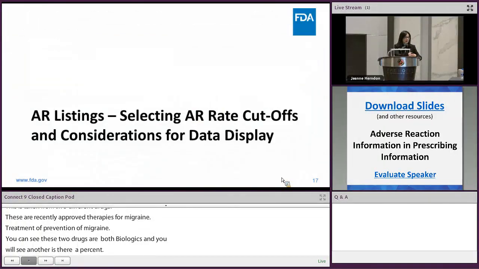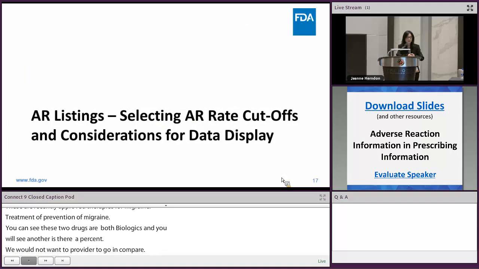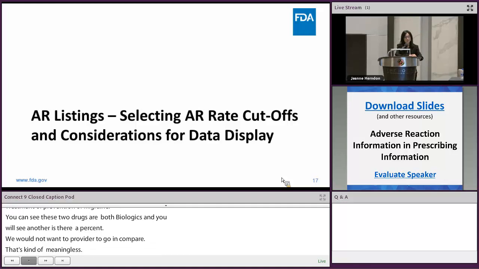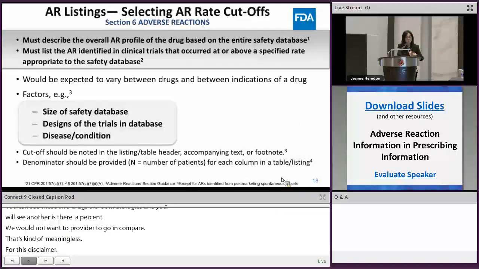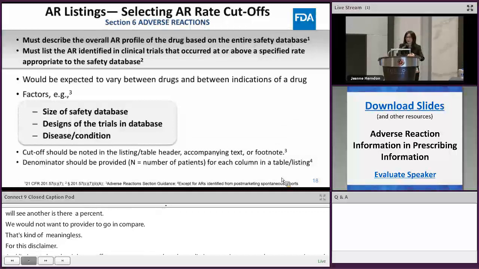Okay, so let's turn now to adverse reaction listings and the topic of how to select the rate cutoff. So when you go to present your adverse reaction listing as a reviewer or as the one preparing and drafting the draft labeling, you have to make a decision where to cut off that listing and what are some of the considerations for that. Okay, so as a reminder, Section 6 is meant to cover the entire safety database.